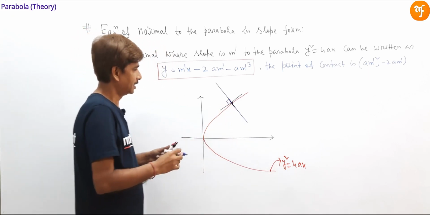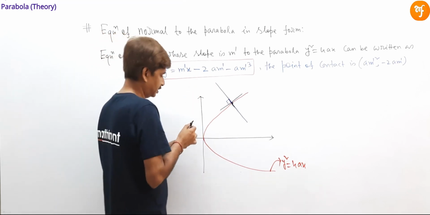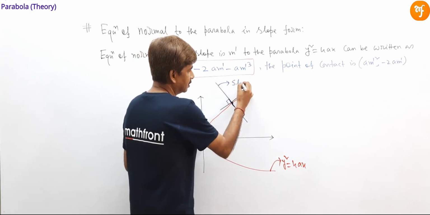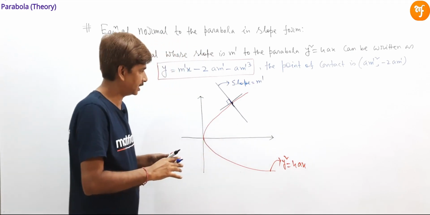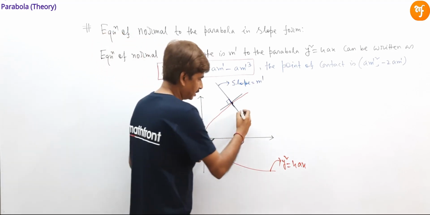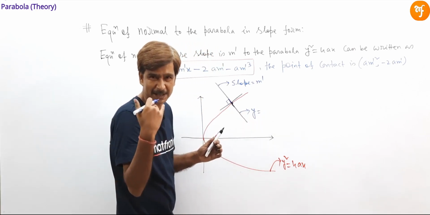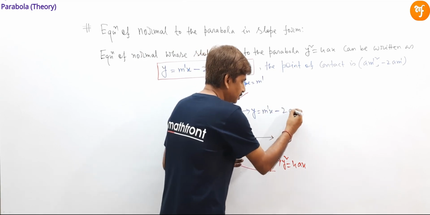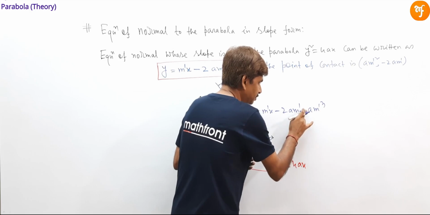So according to the statement, if the slope of this normal is m dash, then the equation of this normal will be y is equal to m dash x minus 2a m dash minus a m dash cube.